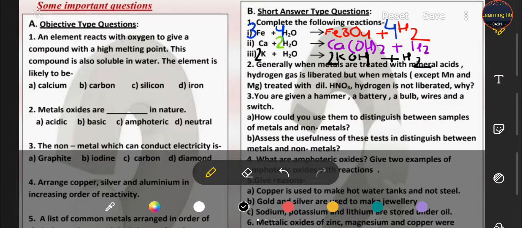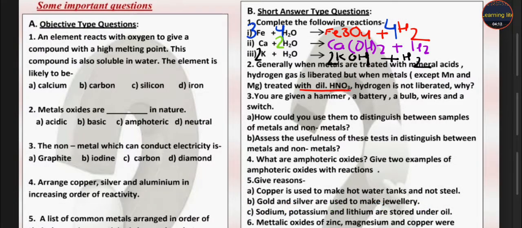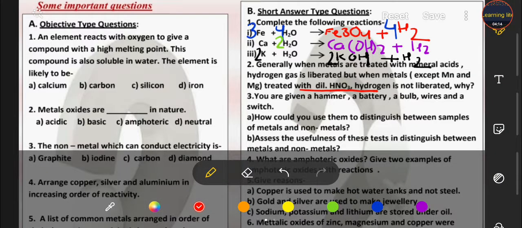Generally, when metals are treated with the acids, hydrogen gas is liberated. But when metal is treated with dilute HNO3, student, focus on that line. Dilute HNO3, hydrogen is not liberated. Why? Because dilute HNO3 is an oxidizing agent.